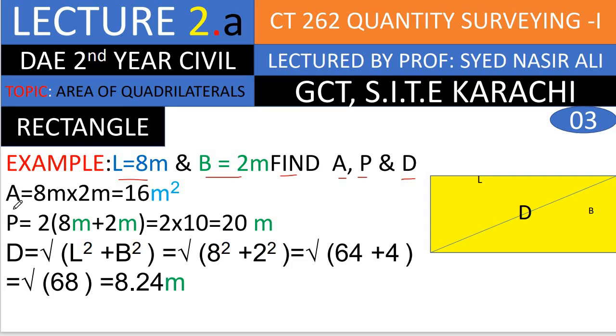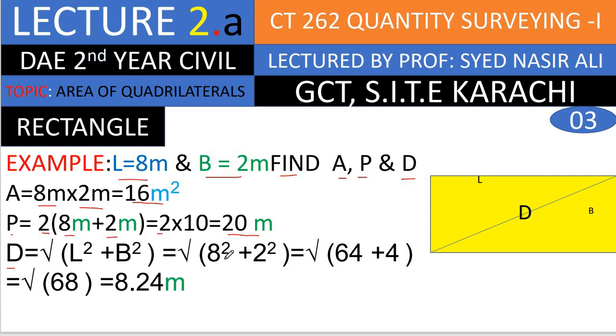Area is length into breadth, so 8 multiplied by 2, and we will get 16 meter square. The perimeter P is equal to 2 multiplied by (L plus B). The sum of 8 and 2 is 10, and 10 multiplied by 2 is 20 meter. For diagonal, it is the square root of L square plus B square.